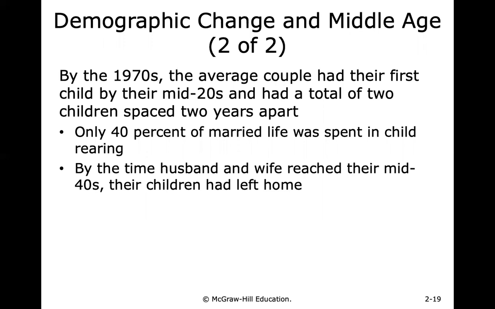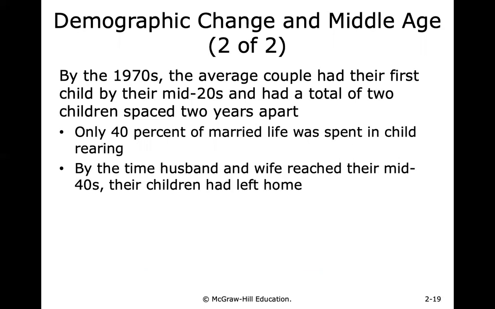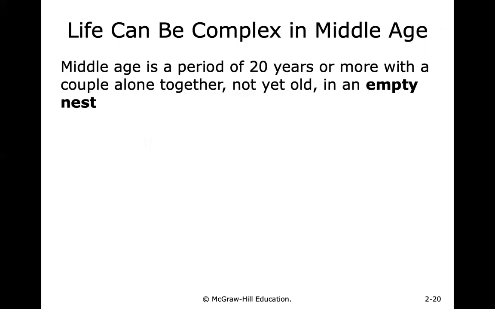So this is just that concept of this demographic change of what we deem to be middle age, where middle age wasn't really existent in the 19th century, and we started to establish that middle age of your parents, when you have launched and gone off to college and you've moved off on your own. Now they're in that middle age of their lives.